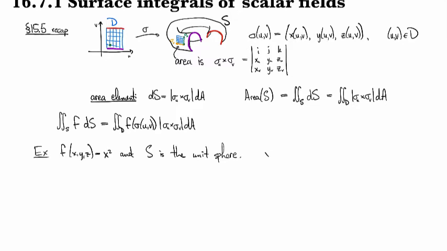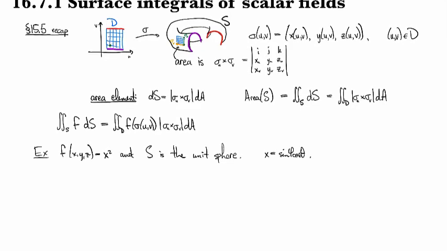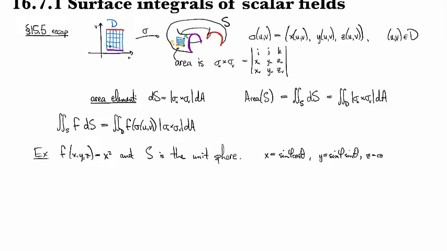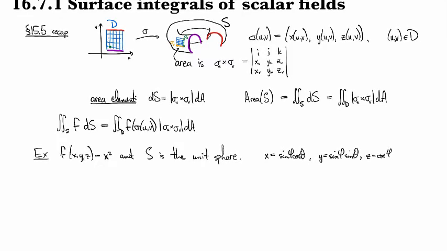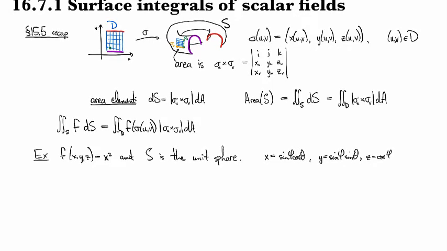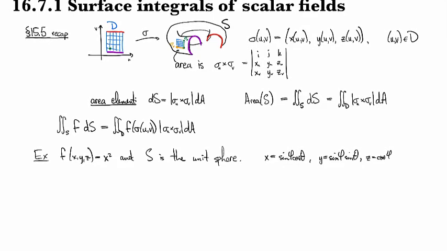So x is going to be sine phi cosine theta, y is going to be sine phi sine theta, and z is going to be cosine phi. And this is the unit sphere, so the radius is fixed equal to 1. So the way that it is different from the usual spherical coordinates is that there's no rho. Rho is just fixed equal to 1 all the way through here, so it doesn't even really show up.